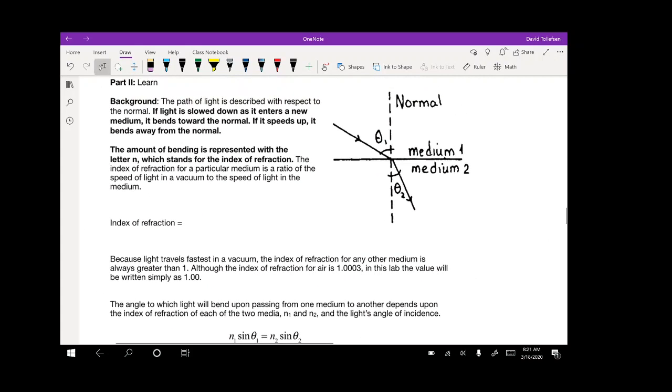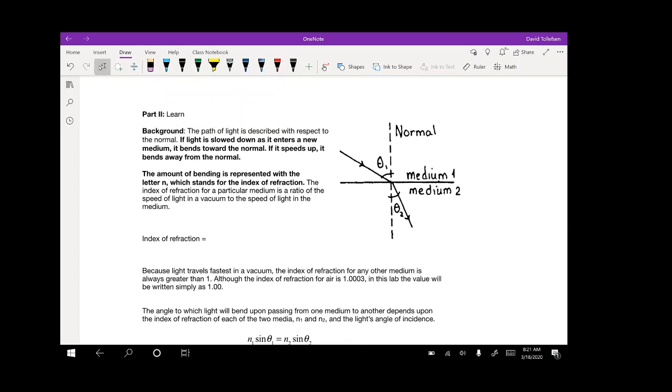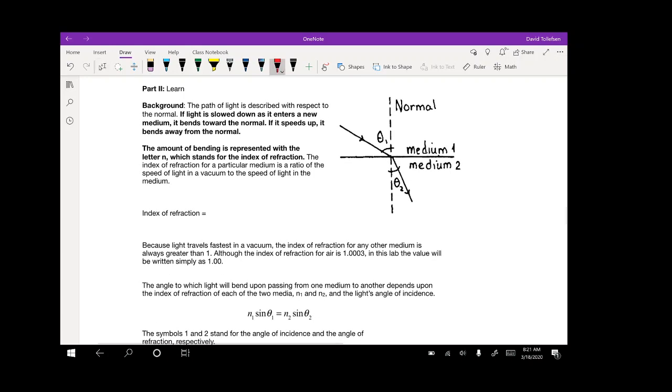For part 2, this is where the index of refraction and Snell's law come into play. Right? So the index of refraction, don't forget, is the speed of light in vacuum over speed of light in medium.